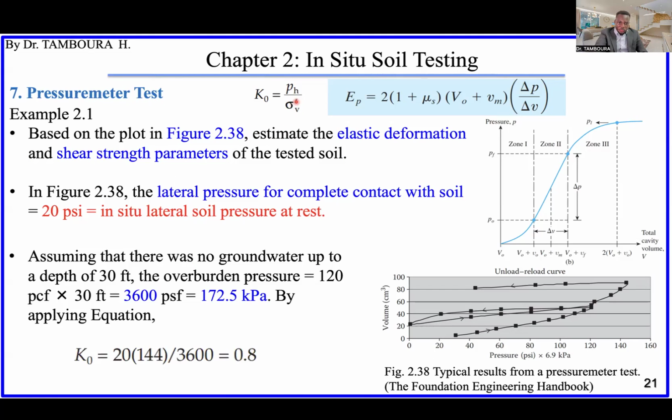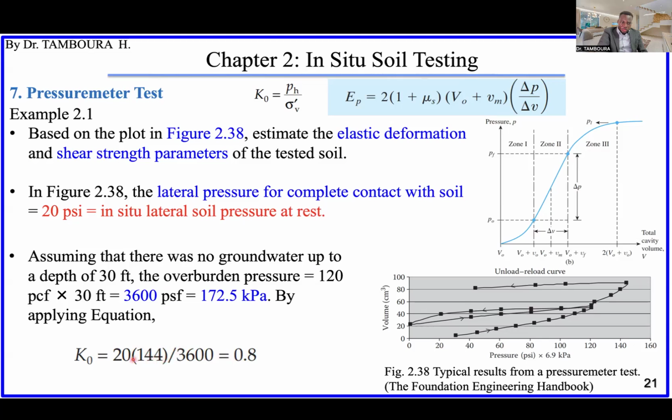By doing that, we can obtain this. And dividing, we can obtain this K naught, by dividing this one by what we got here. Okay, and we can obtain it.